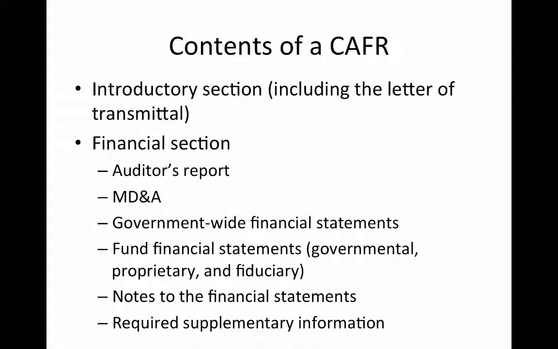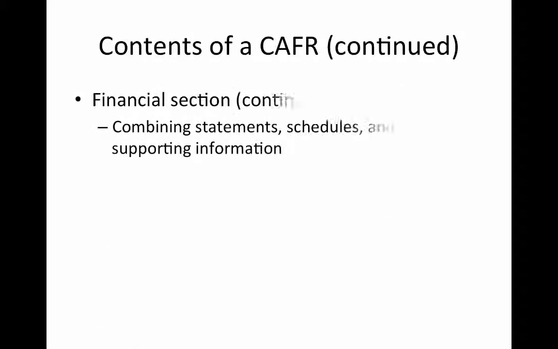The things that we've been talking about up to this point really are the stuff that go into the financial section: the auditor's report, MD&A, government-wide financial statements, fund financial statements, so the governmental funds, proprietary funds, and fiduciary funds, the notes to those financial statements, and the required supplementary information. And this is the stuff that everybody presents. Even if they're not preparing a full CAFR, everybody has to present those items.